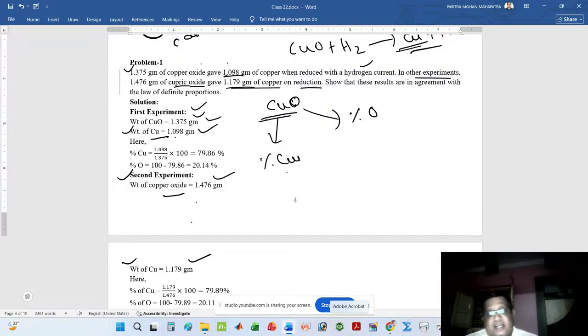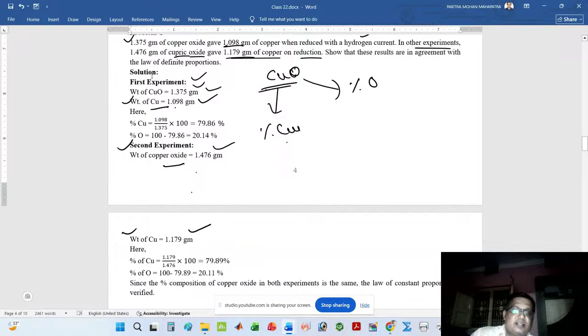If copper oxide has the same composition, is made by the same elements, and they maintain a fixed ratio, then you can say that the composition of copper oxide obeys the law of definite proportion.